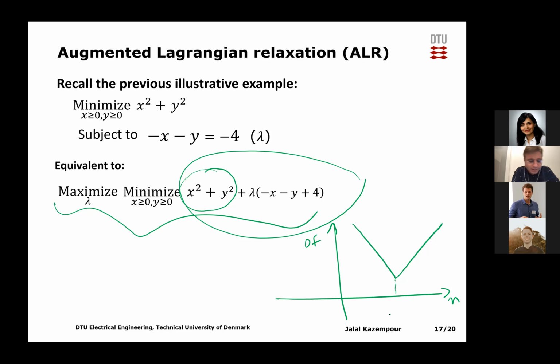So we need to make it quadratic, but without changing the optimal point. If I make it quadratic but the optimal point is different, then I'm not solving the same problem. I need to make it something like this. So instead of the original linear problem, I'm solving the augmented problem, but with the same optimal point. That's the whole idea of augmented Lagrangian relaxation.